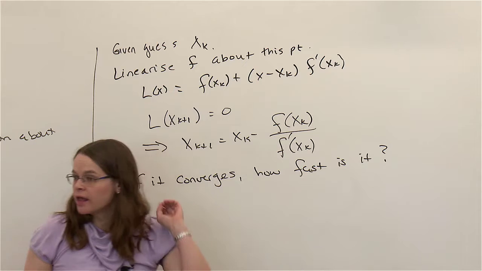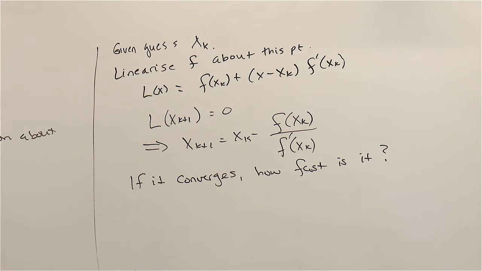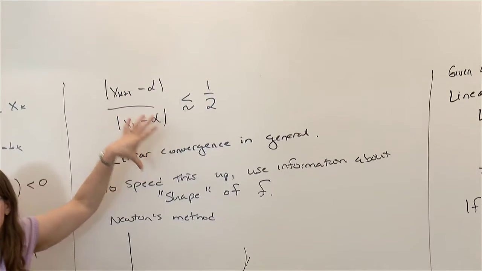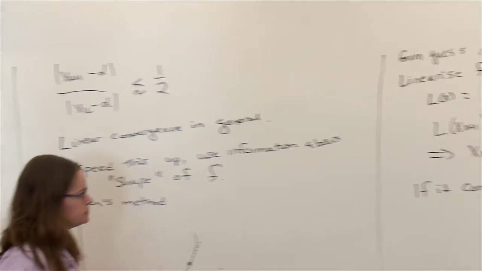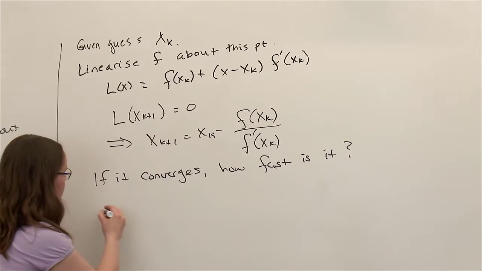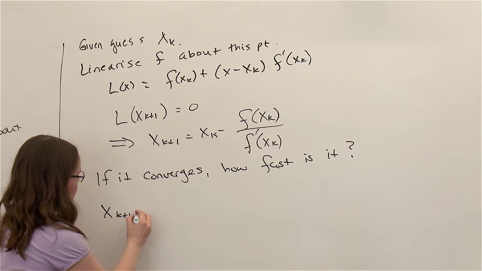Okay, so again, I need information about xk plus 1 minus alpha. And ideally, I would like to relate it to what xk minus alpha does, so that if I put the right power here, we get some nice cancellation and find some sort of constant popping out. Okay, so we know we need xk plus 1 minus alpha.